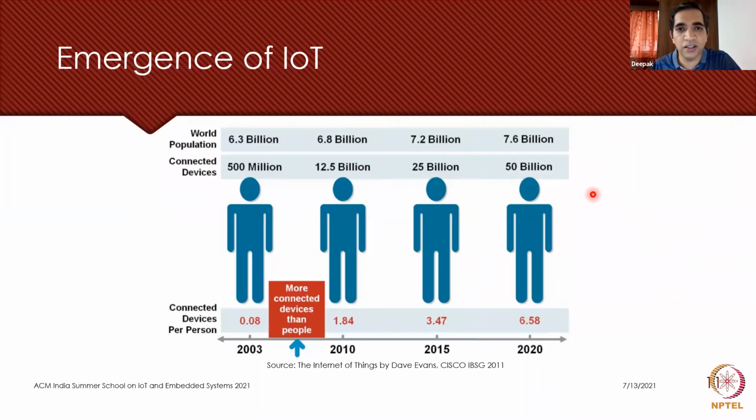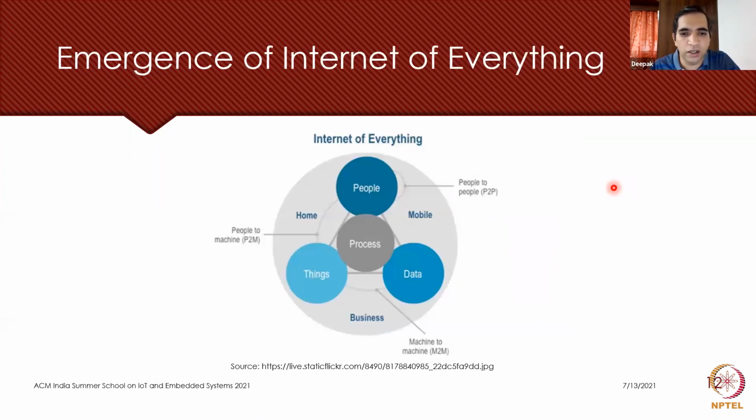So therefore there is a challenge because of the sheer magnitude of the number and types of devices, and the different kinds of devices that are trying to connect to the cloud. That does not stop, right?